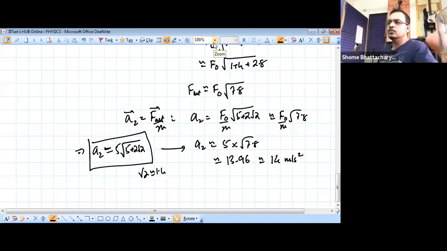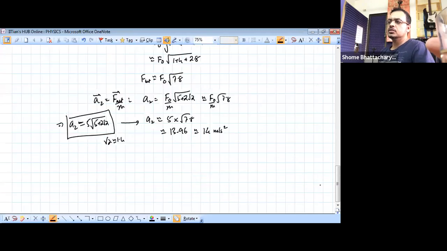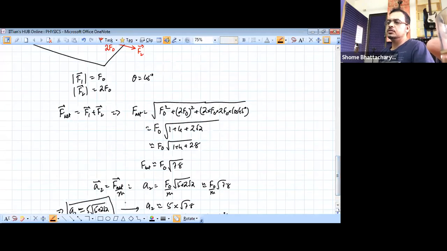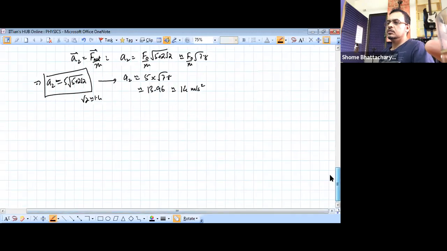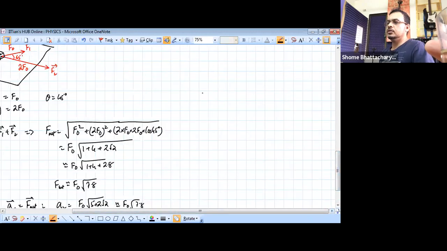That is the triangle of vector addition. Cos theta हम क्यों use कर रहे हैं बेटा? Because we are doing this thing now. We are doing vector addition over here. Just a moment. We are using triangle law over here, that magnitude of A plus B is root of A square plus B square plus 2AB cos theta.